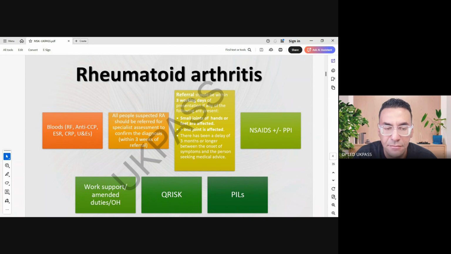Now, if a patient is showing any of these, what would you offer? Okay, PPI for gastritis, if the patient is suspected to have gastritis. Things like ibuprofen, naproxen, you can still offer with a PPI. This is absolutely fine.